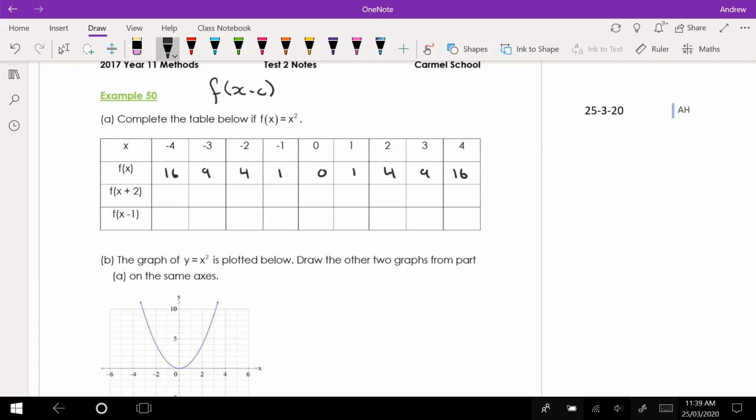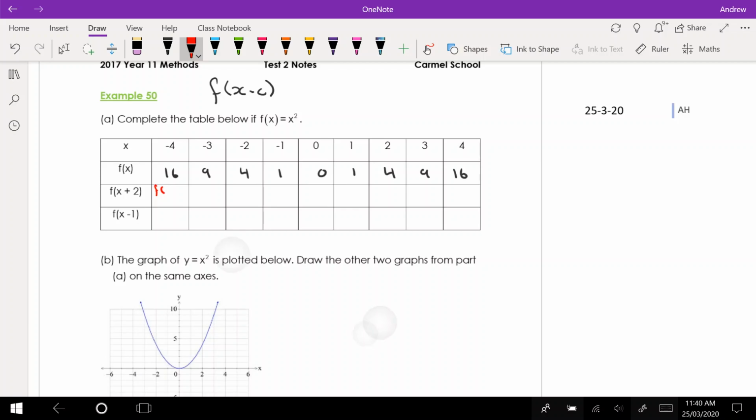So now this is the important part. Last time we put the value of f of x down below and then we changed it. But we're not changing f of x right now. We're actually changing the x value. So now we've got f of x plus 2. Well, what's x plus 2 when x is negative 4? Negative 2.